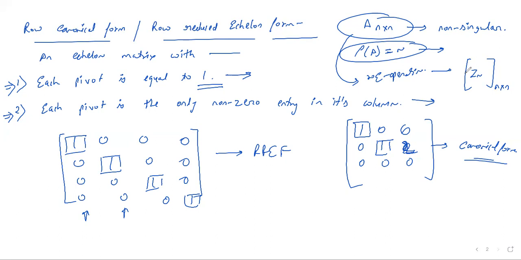So by this we say that any non-singular matrix can be reduced to identity by elementary row operations. We are talking about non-singular matrices. We didn't say anything about singular matrices, because in singular matrices rank can be less than n, but in non-singular matrices we have rank of A equal to n.